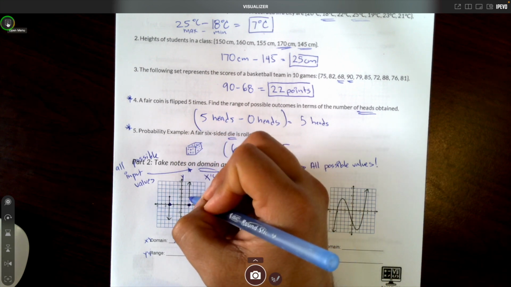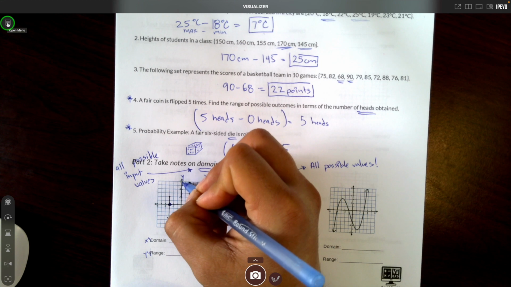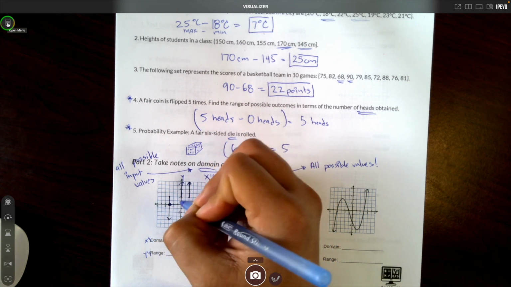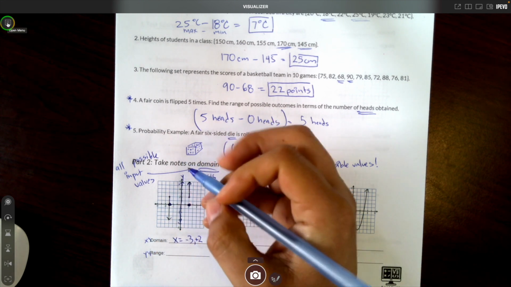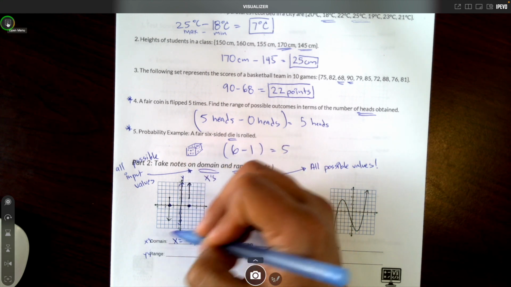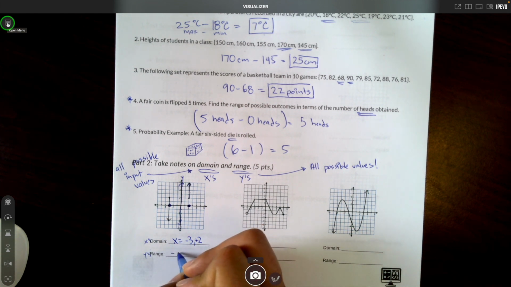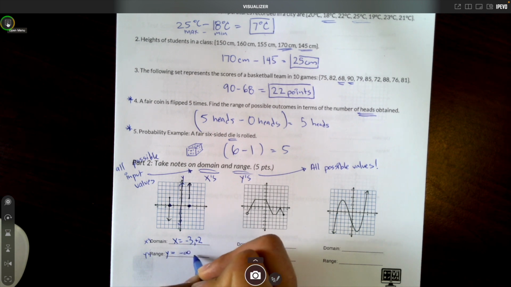But notice how this goes on forever. This goes on forever this way. This one goes down. So this is just one line that goes up and down, meaning all the values are possible. So one way of writing that is saying y equals negative infinity to positive infinity.